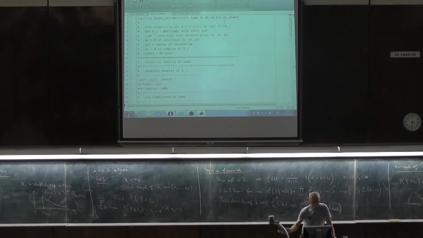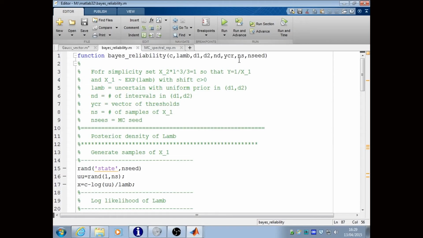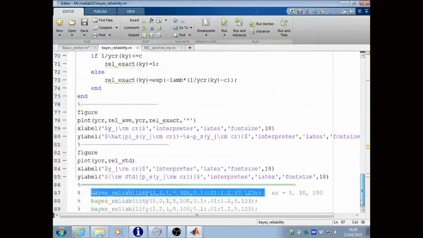This is just for discretization. And Y critic is a vector. That is, I consider not just a single threshold but a sequence of thresholds, so I'll be able to do some plots against Y. And NS is the number of samples, and again the seed. So let's run this.